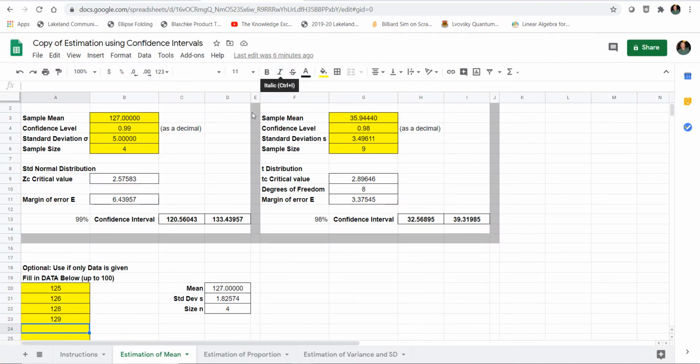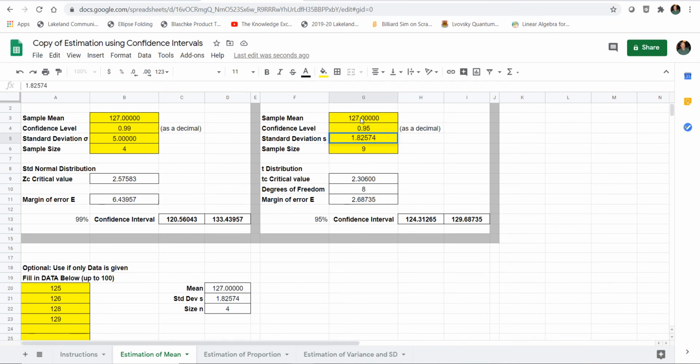So we were on this Google Sheet. Yeah, we threw the 4 data values in here and it gave me S. But we could also use this information to compute my confidence interval over here. So again, my sample mean was 127. The confidence level I was doing was 0.95. Now it asks for the standard deviation S, 1.82574.